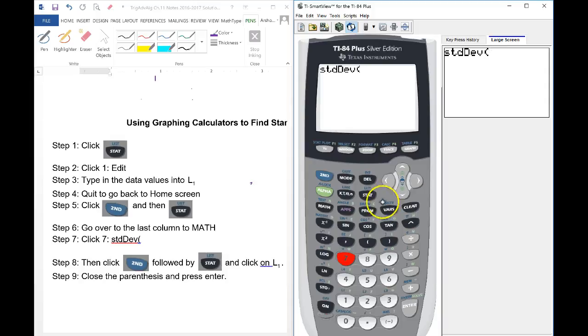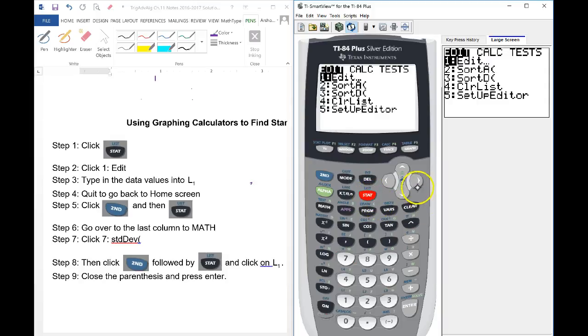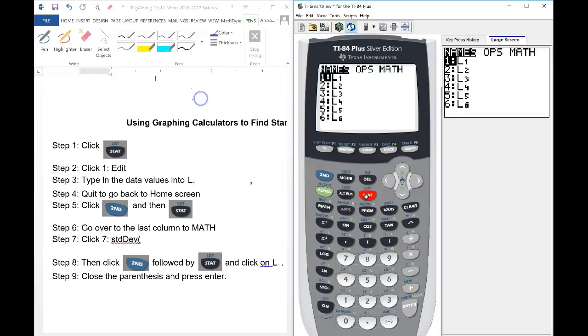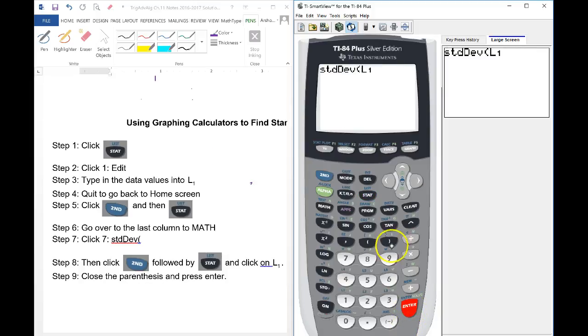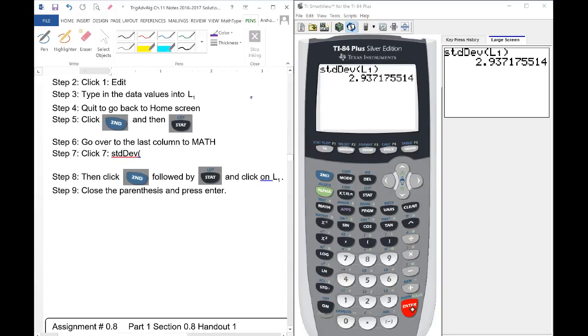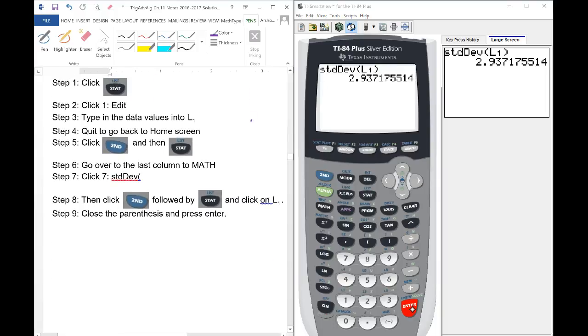How do you get L1? Click second stat. To go to the list, select L1, number 1, close, and that's the sigma. Okay? All right? 2.9, 1 decimal place. Okay?